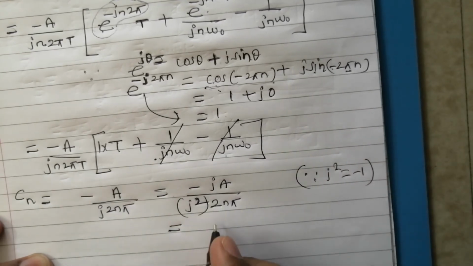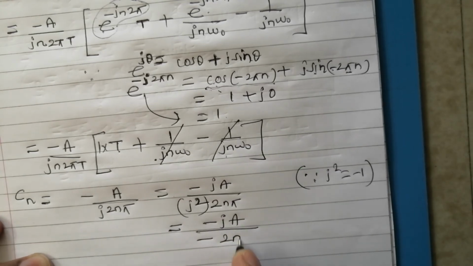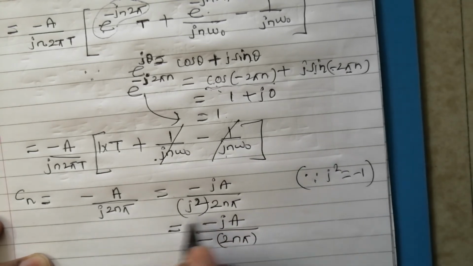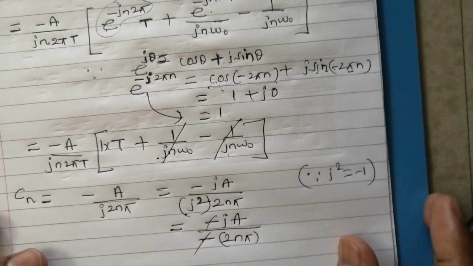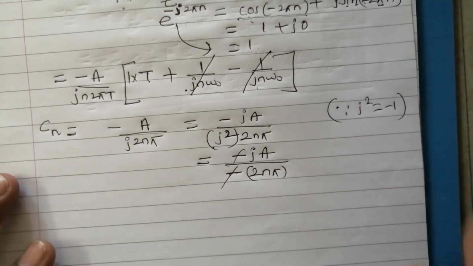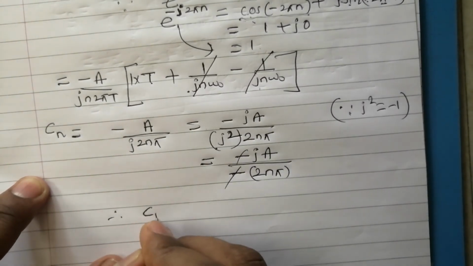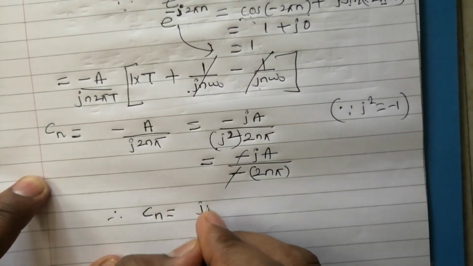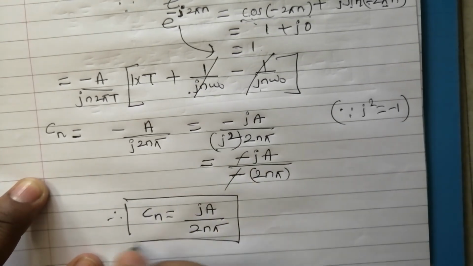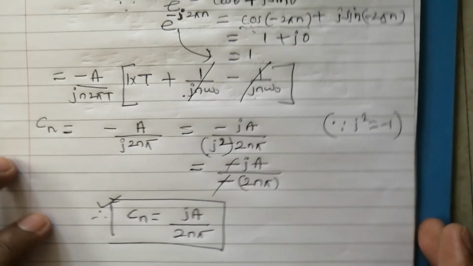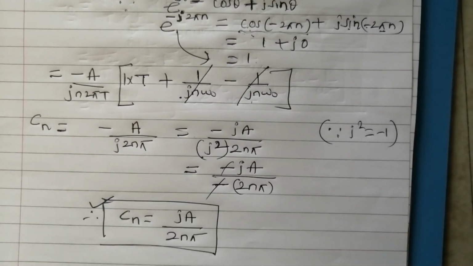At the place of j square I have written minus, so this minus minus will become plus. So finally Cn is jA upon 2n pi. So we have calculated this Fourier coefficient Cn, which is jA upon 2n pi.